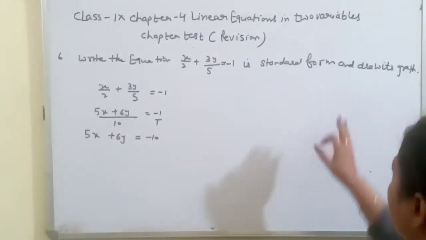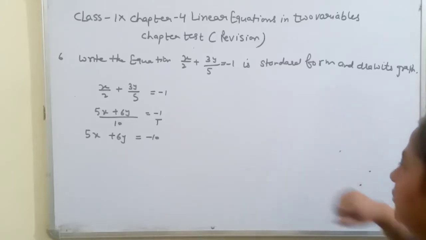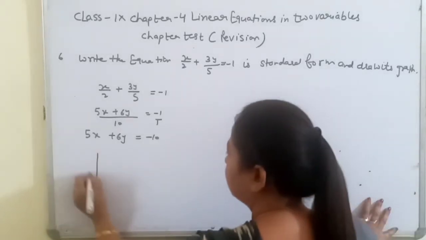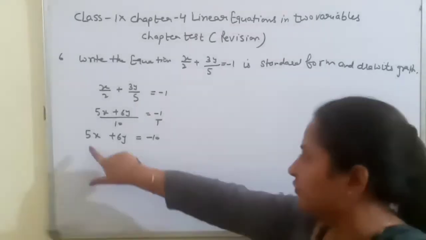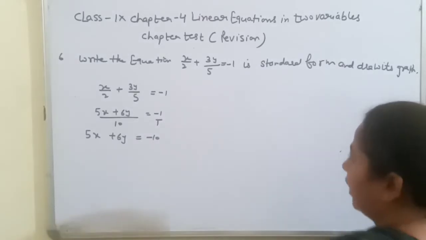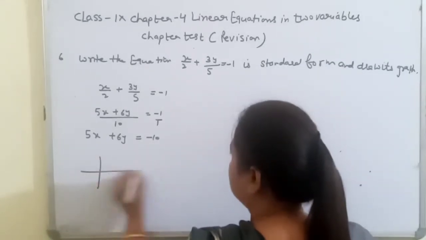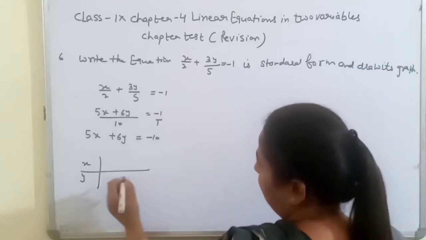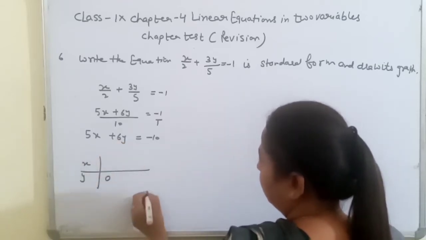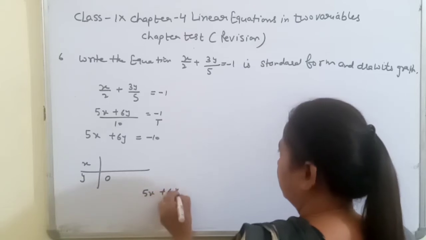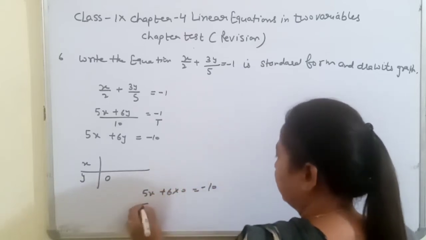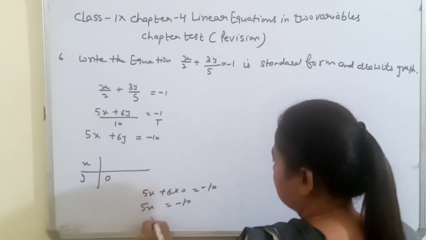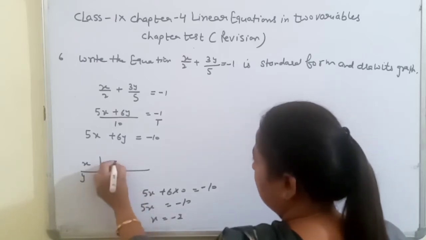Now we also have to draw the graph for this equation. So let's make a table here. The equation is 5x plus 6y equal to -10. Take different solutions for x and y. Suppose y is 0. When y is 0, 5x plus 6 into 0 equals -10, 5x equal to -10, x equal to -2.